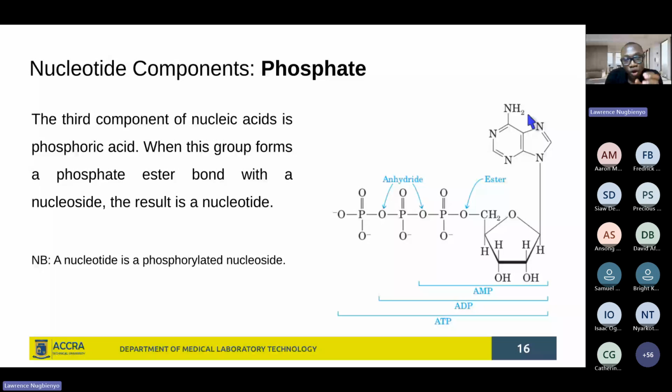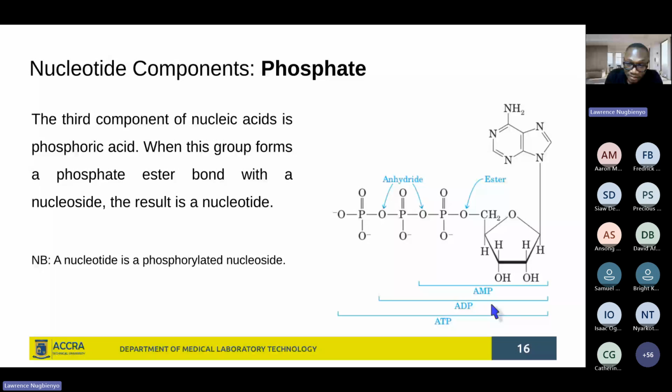But you see, in all nucleic acids that we talk about, DNA, RNA, the nucleotides that you find in them are monophosphates. You don't have triphosphates, diphosphates in nucleic acids.